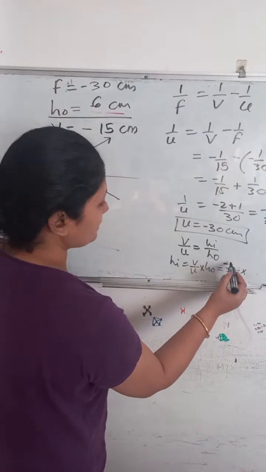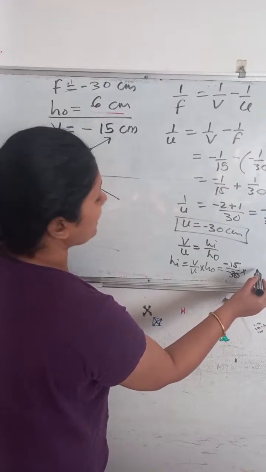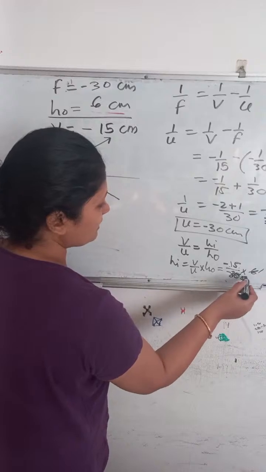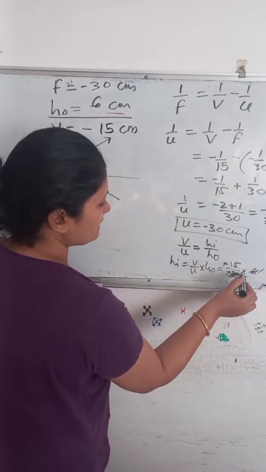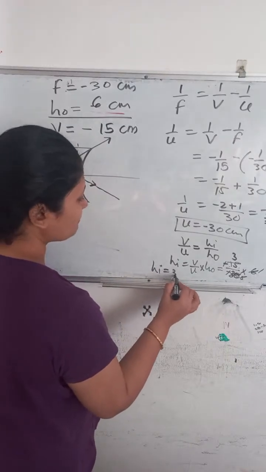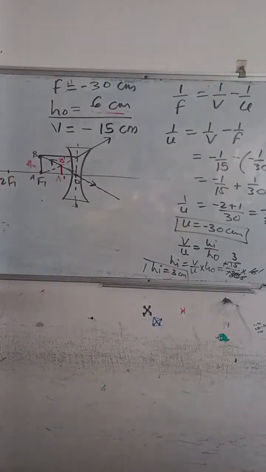V is minus 15, U is minus 30, HO I have 6. So 6 ones are 6, 6 5s are 30, minus gets cancelled, 5 3s are 15. So HI I will get as 3 centimeter. This is nothing but the answer.